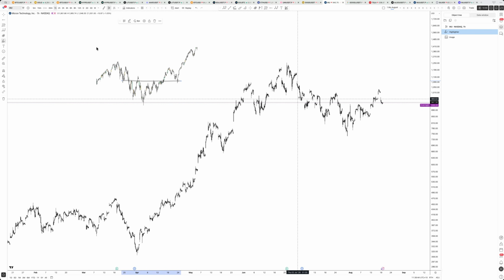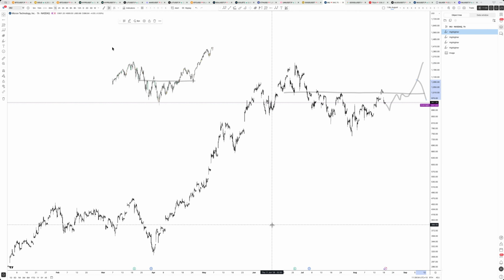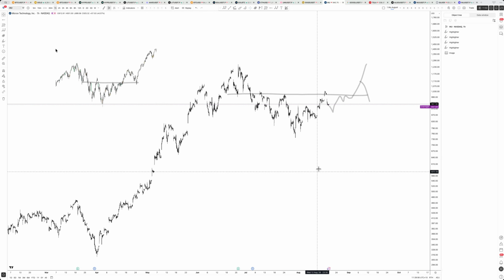In that accordance, we get the pullback, a bit of a breakout, pullback. So it might just do that, and then we get this level, come back down. It's a fractal. What do you think? And then up for more highs.